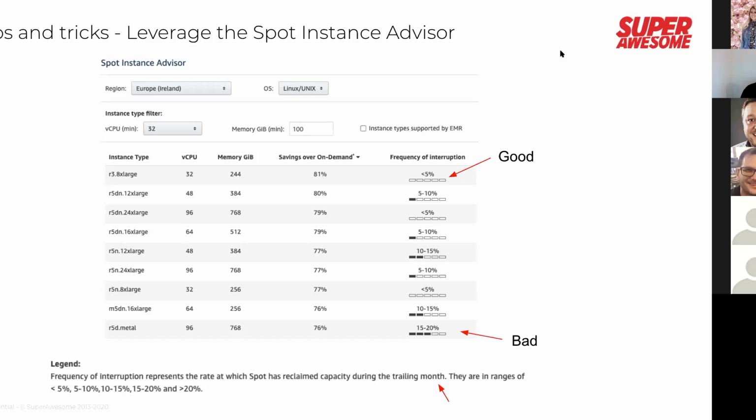And it's okay here to use slightly suboptimal instances or older generation, because the cost of running one more historical or one more middle manager on older hardware is offset by the cost benefit.